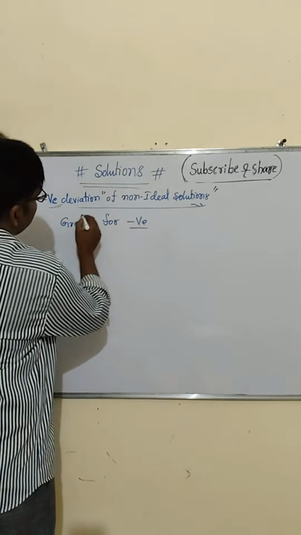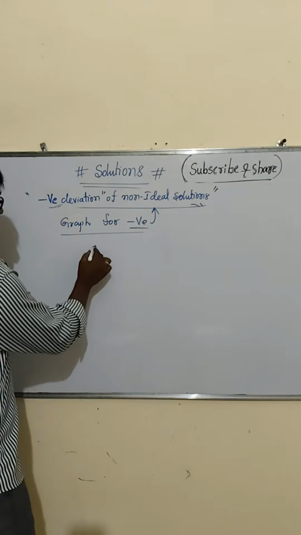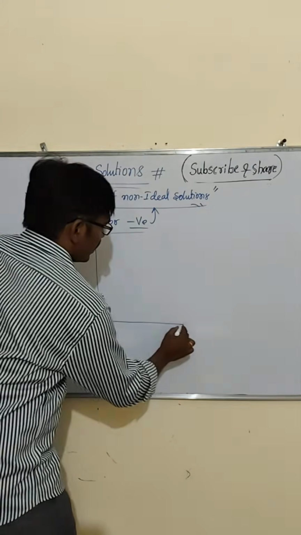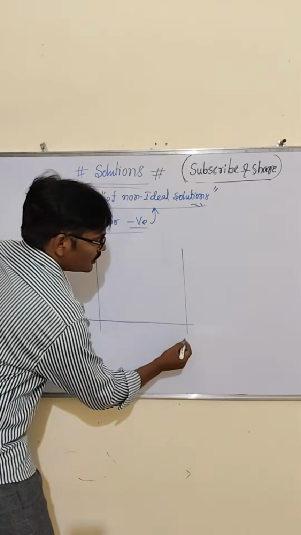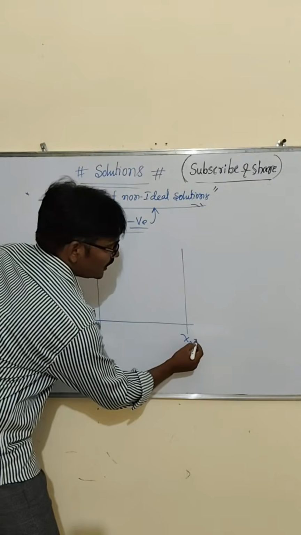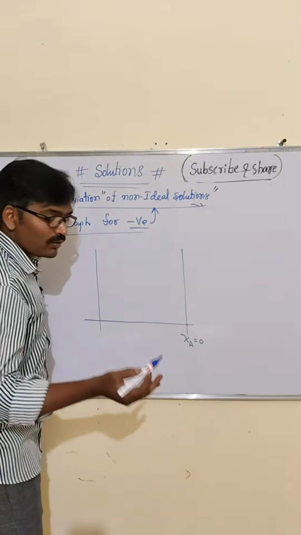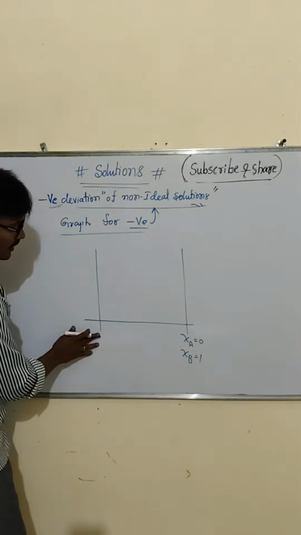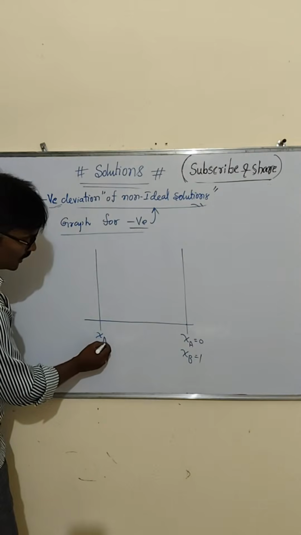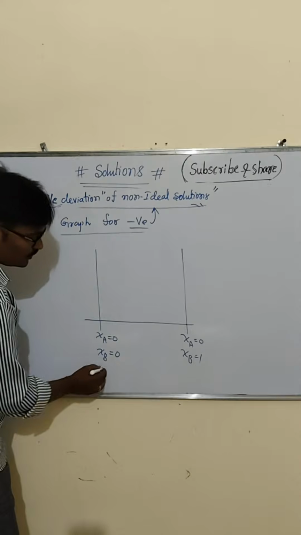So here, according to the ideal solutions, how we get the graph, right? At the origin, mole fraction of A equals 0, then mole fraction of B equals 1. Then at this point, mole fraction of A equals 1, then mole fraction of B equals 0.